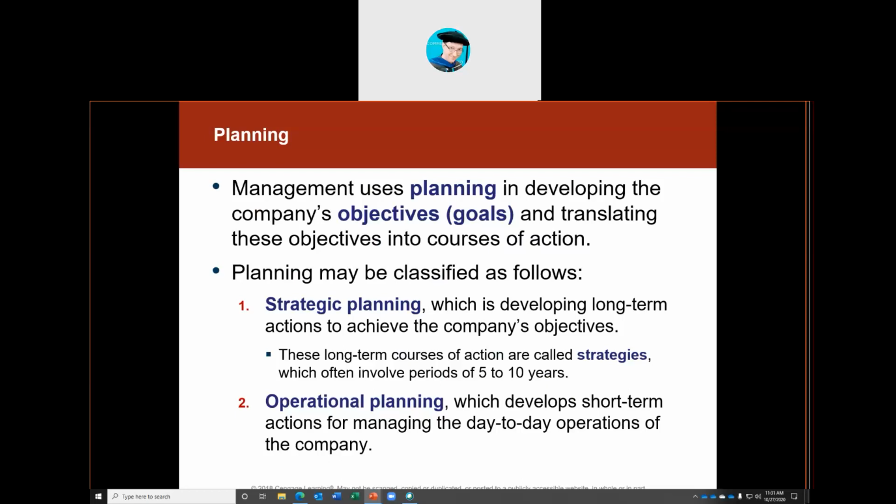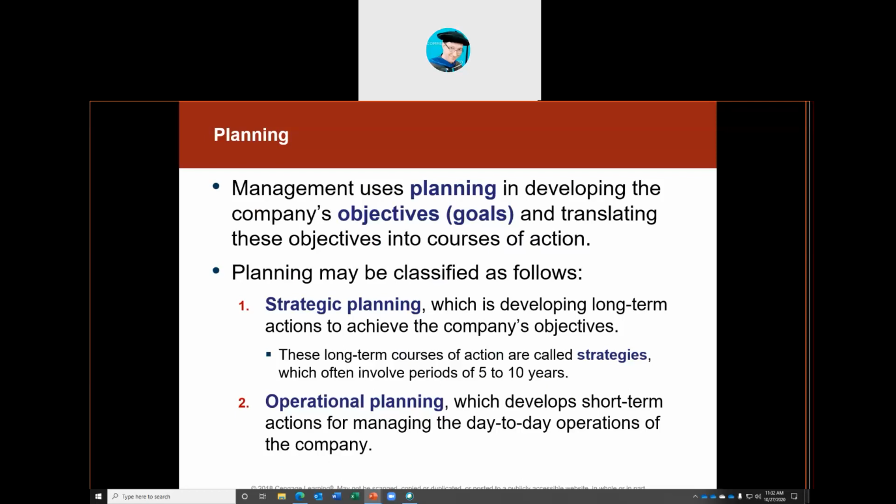We create a strategy for the next 1 year to 5 years, or 5 years to 10 years. It's a long-term plan. The strategic plan helps us to actualize our long-term goals and objectives. So long-term objectives are called strategies.